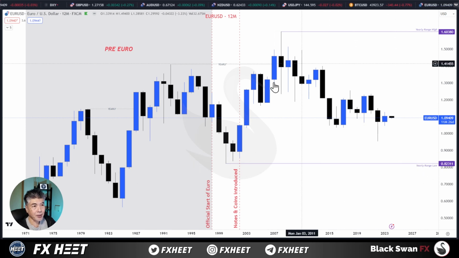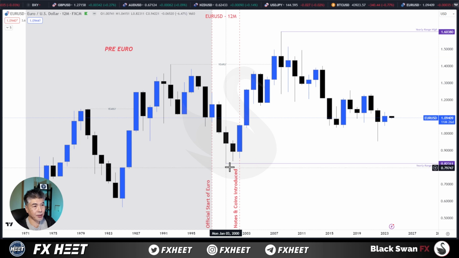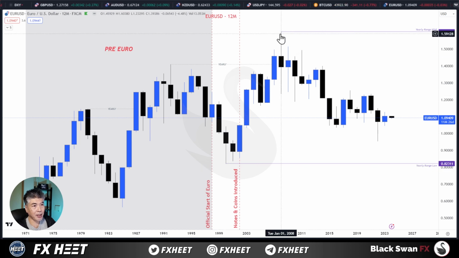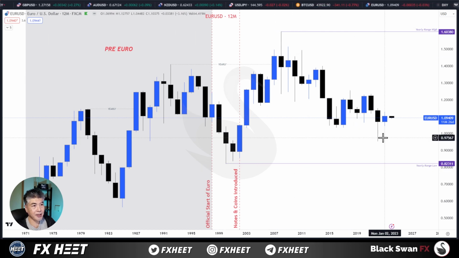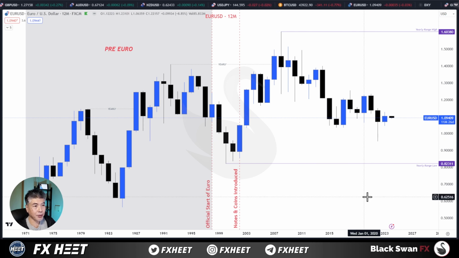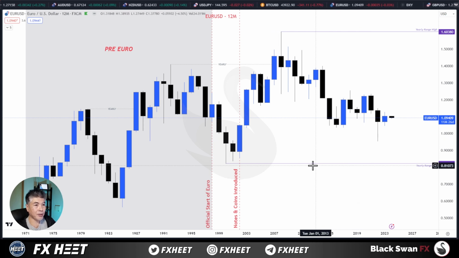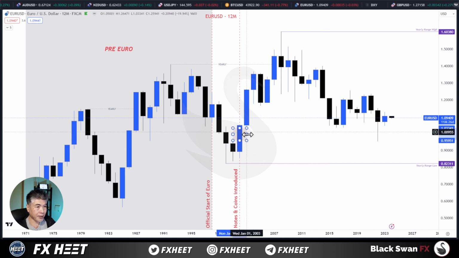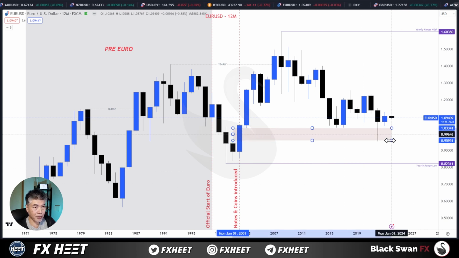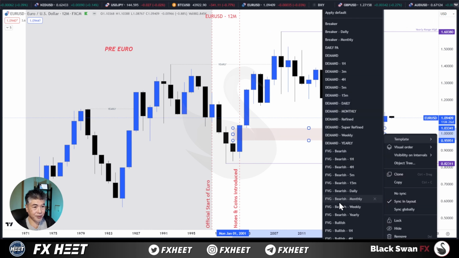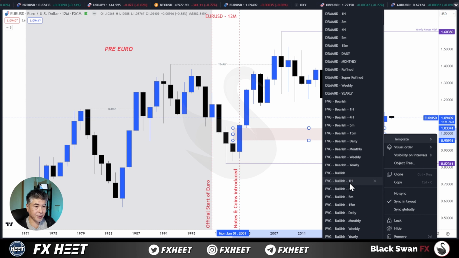So you can see we started with a low here, came up with a high here, and then since then it's been coming down. So where are our important PD arrays? We have a fair value gap here at the bottom, and you can see it was just recently filled.